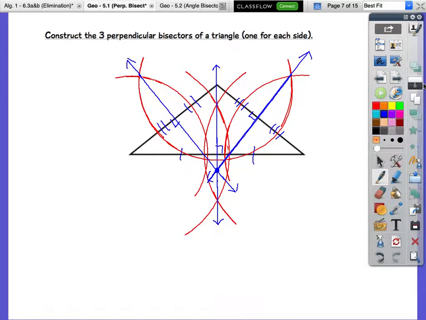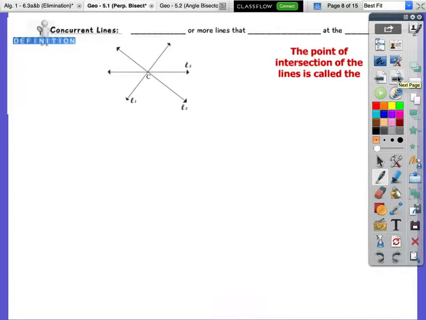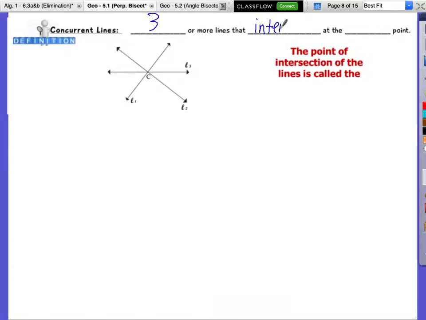Now, we have a name for when we have multiple lines intersecting. When we have three or more lines that intersect at the same point, they're called concurrent lines. That prefix con, like conjoin or contain, means together.